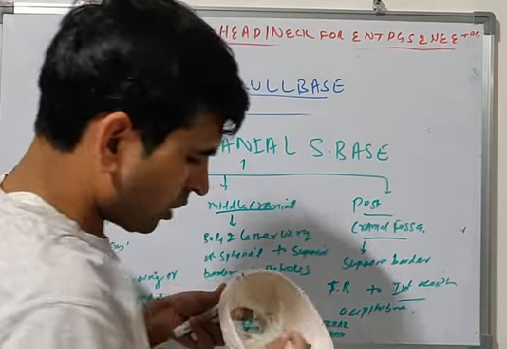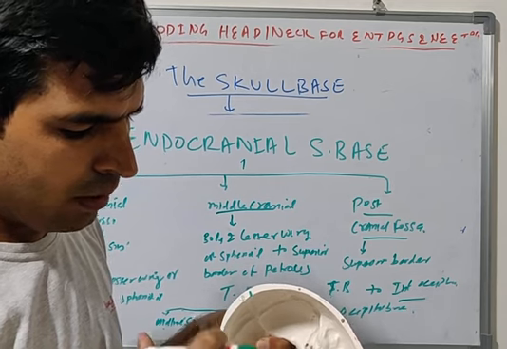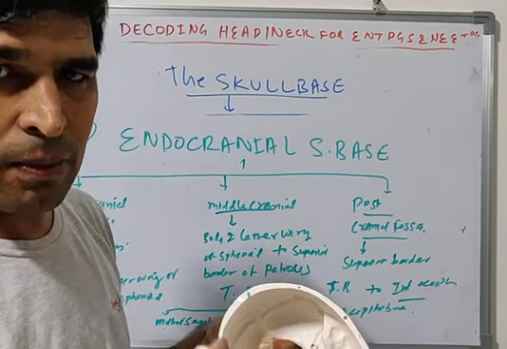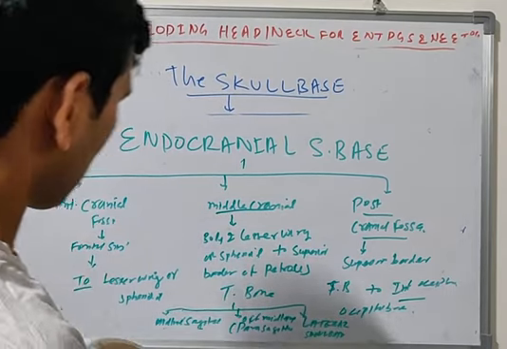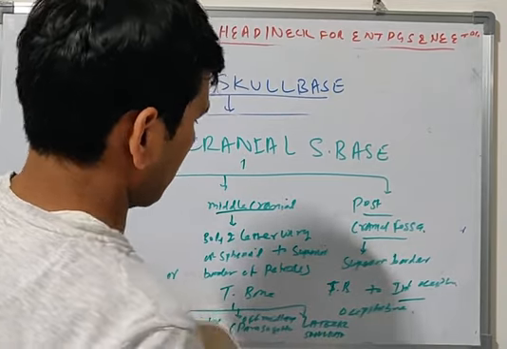Lateral to this vertical line extending from the lateral margin of the foramen ovale is the lateral skull base of the middle cranial fossa. So again: midline sagittal, off midline sagittal, lateral skull base.